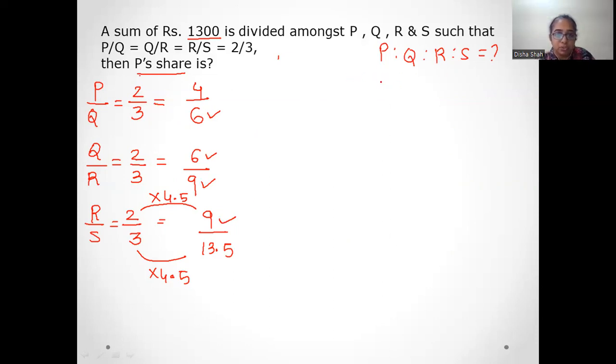P is to Q is to R is to S is nothing but 4 is to 6 is to 9 is to 13.5.